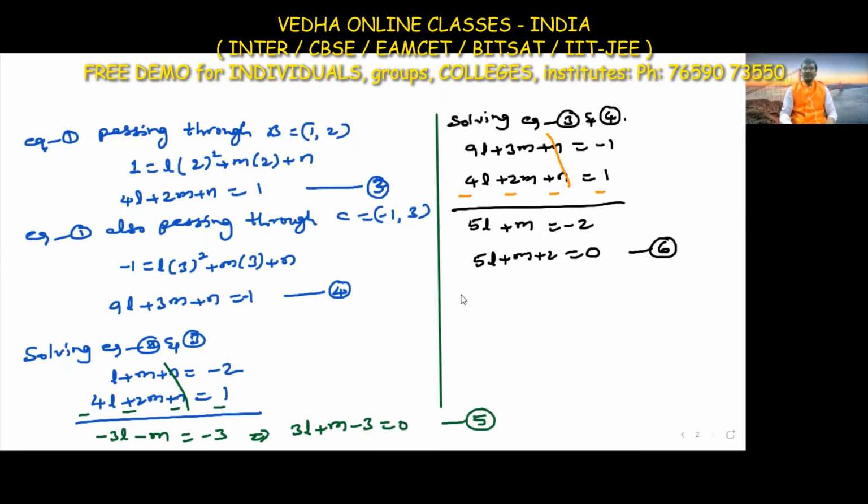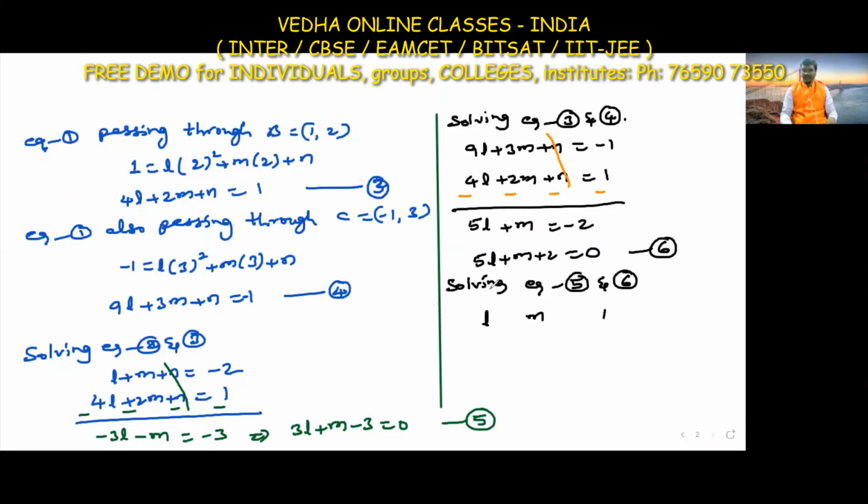Solving equation 5 and 6. Here x and y and 1. Start with L, M, N, right? So here L, M and N. N means here constant.